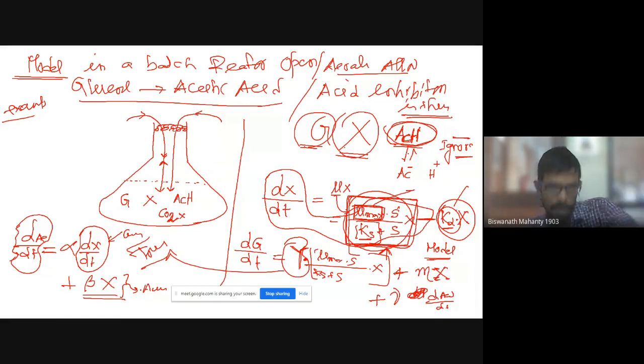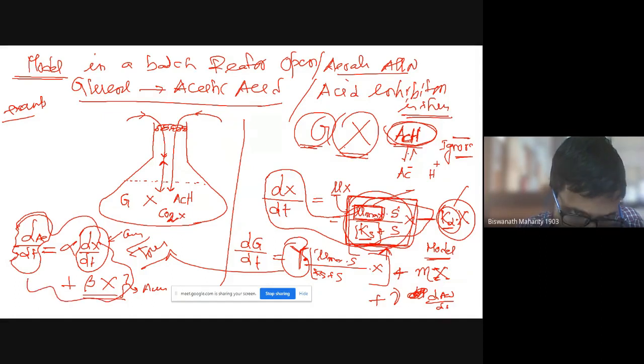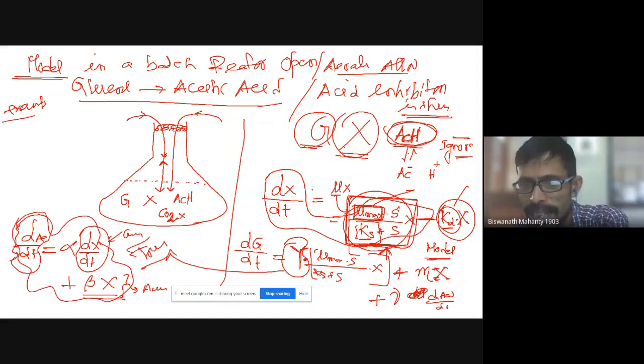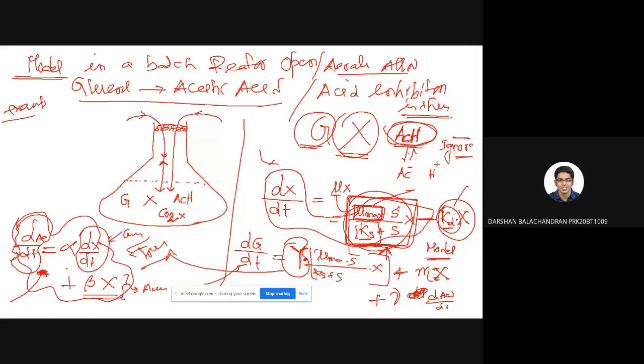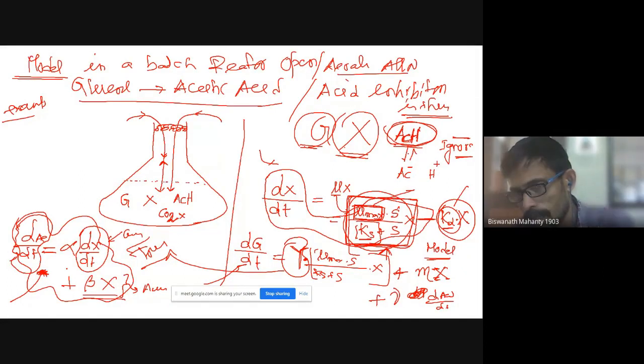So acetic acid production also I can write with this equation. So I have completely written one equation for growth, another for glucose, another for acetic acid. Yes or no? We have done? Okay. So this is the very simplistic model I can propose.